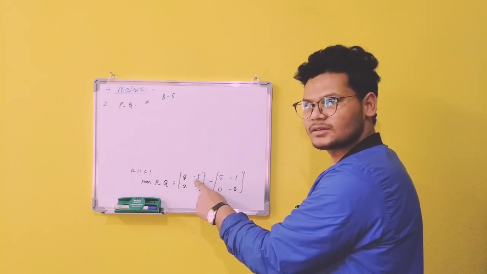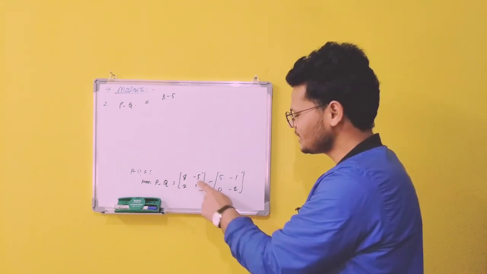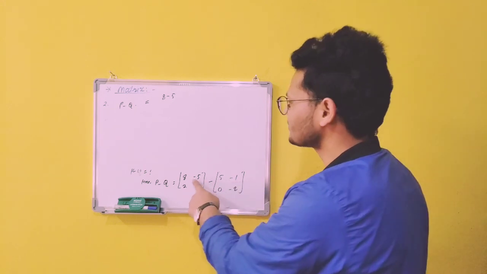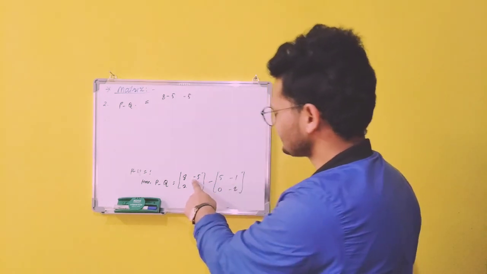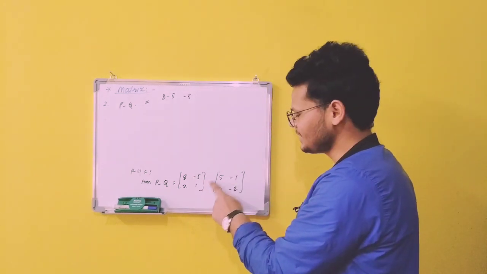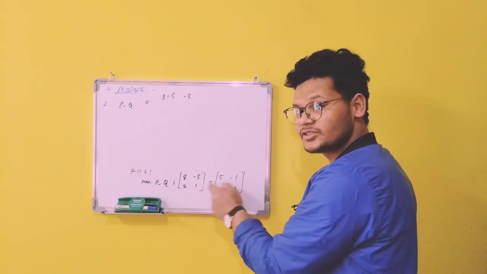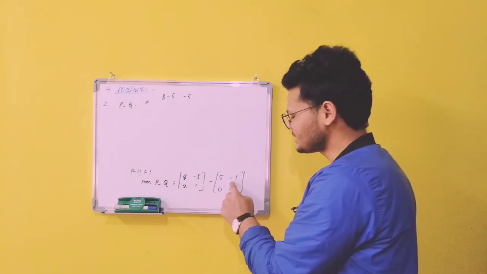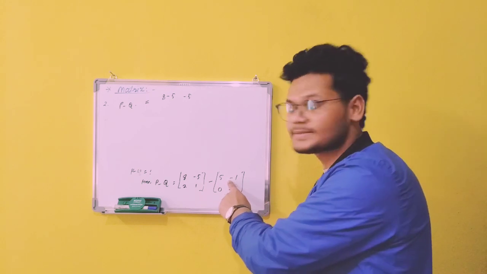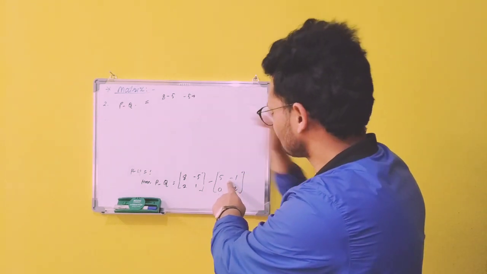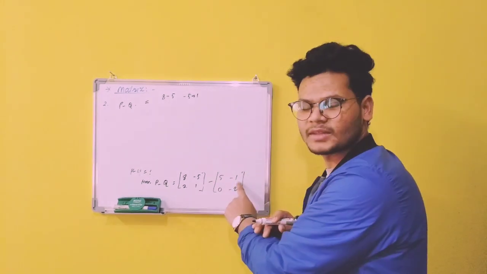For the next element, minus 5 minus minus, plus, minus 5. First of all you need to write minus 5 and just multiply this sign and this sign, whatever the given sign. Here minus sign given, minus sign given, minus minus plus, so right here plus, plus 1. Remember that.